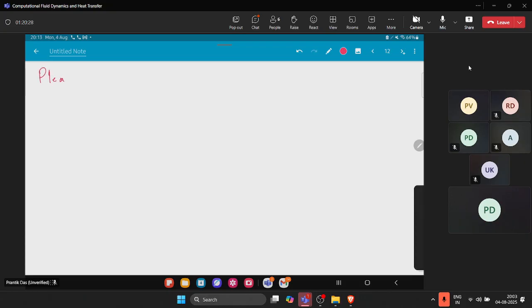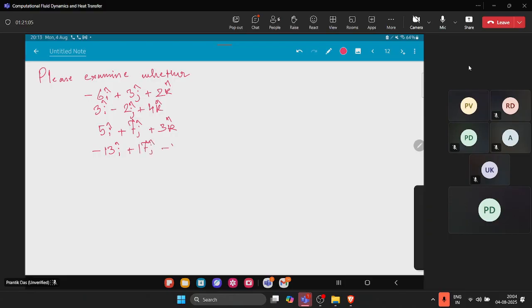Please examine whether minus 6 i cap plus 3 j cap plus 2 k cap, and 3 i cap minus 2 j cap plus 4 k cap, and 5 i cap plus 7 j cap plus 3 k cap, and minus 13 i cap plus 17 j cap minus k cap are coplanar or not.